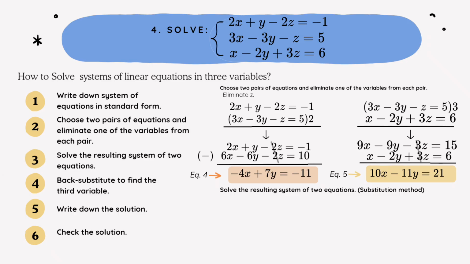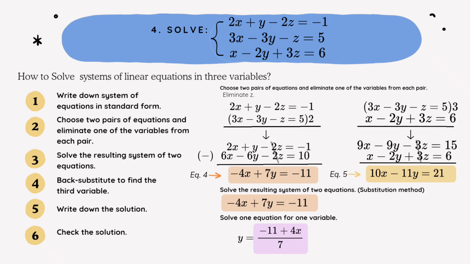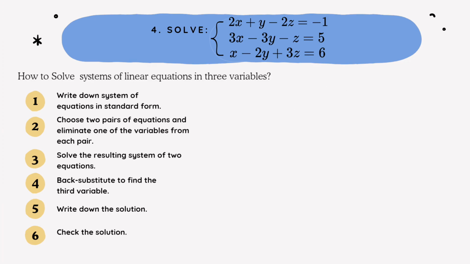Now, using our equations number 4 and 5, we can now solve this system of two equations, like what we did earlier in our examples 1, 2, and 3. So, from equation number 4, let's solve one equation for one variable, and then substitute it into our equation number 5. We can now solve for x.